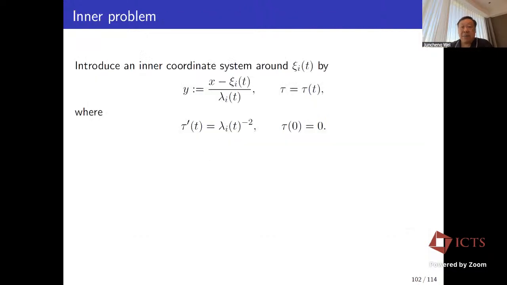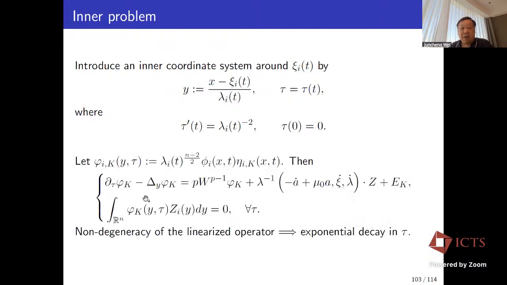Okay, so for the inner problem, as in the construction, we have the inner variable tau, the inner variable y, and this inner equation. We have this orthogonality condition, and because of the non-degeneracy condition we get the exponential in tau.